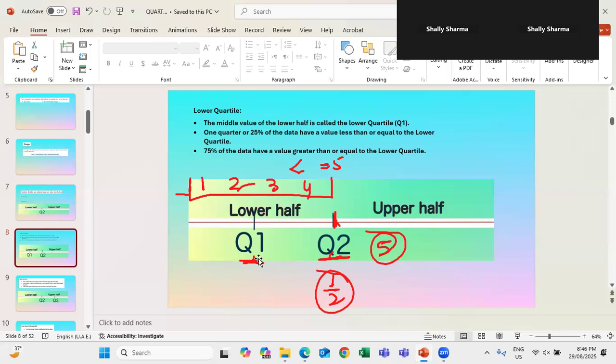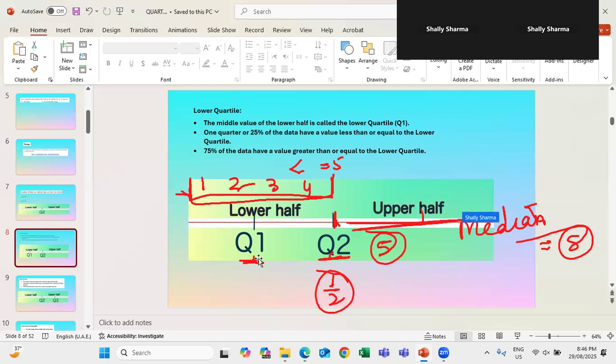Numbers can be repeated, numbers can be in decimal, it does not matter. But if you find the median value of the data, and it is, let's say, 5, in the lower half you will find the values either equal to 5 or less than that, and in the upper part you will find the values as 5 or greater than 5.